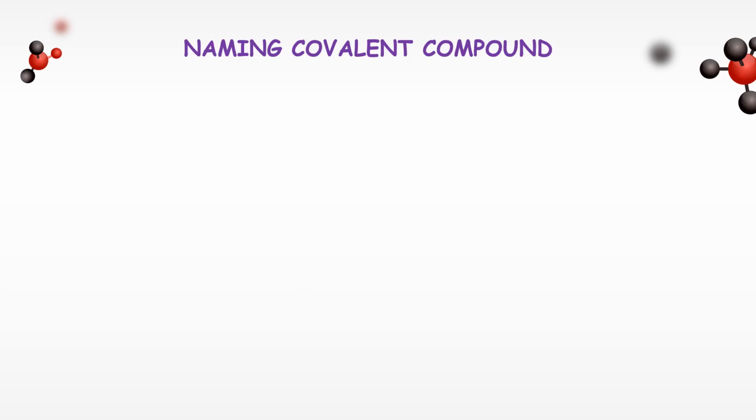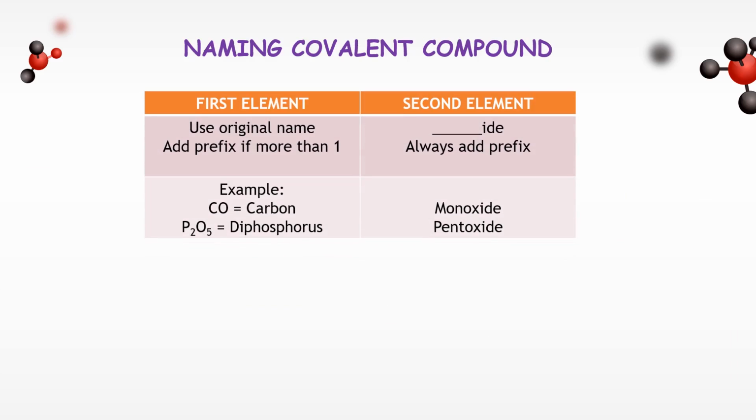So how do we name covalent compounds? There are criteria that we need to follow. For the first element, we use the original name, and we also add a prefix if the element count is more than one. For the second element, we add the suffix "ide" at the end of the name, and in this case we always add a prefix for the second element.